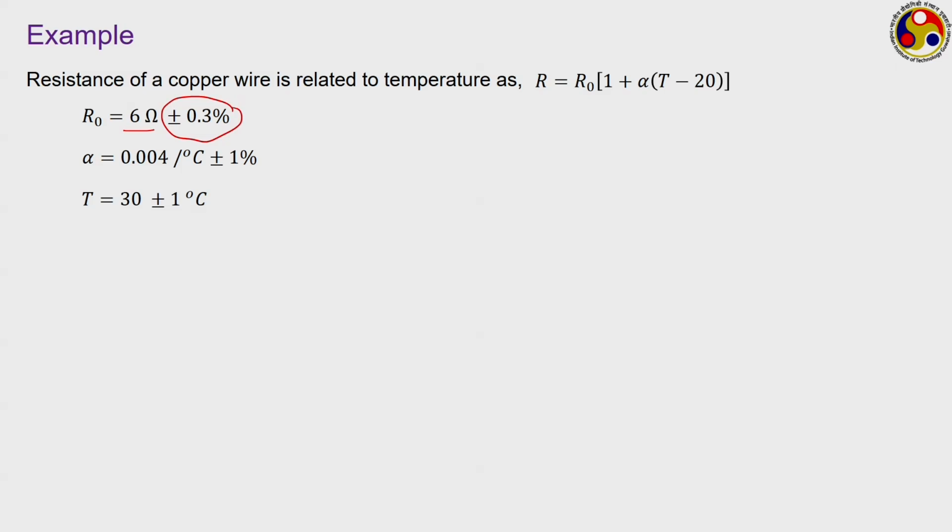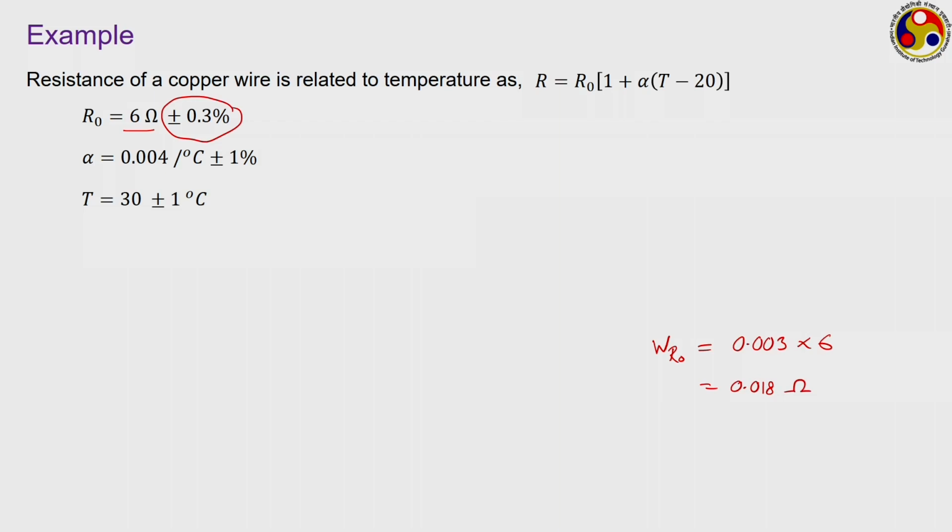The plus minus symbol indicates that the error can be on the higher side and also on the lower side, and this 0.3% refers to the error being a percentage of the value, that is 6 ohm itself. That is, the error W R naught is actually 0.003 into 6 ohm, that is 0.018 ohm. That is the error in W.